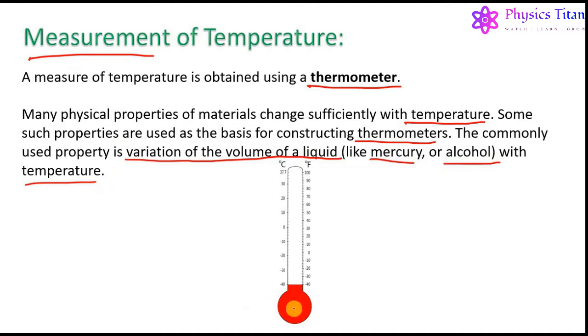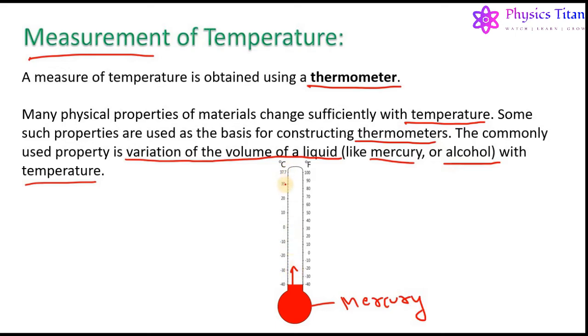This is a diagram of a typical thermometer. It is filled with mercury at its bottom. Now, as the temperature rises or lowers, the volume of this mercury also changes. With the increase in temperature, the volume of mercury also increases and it starts rising up in this tube of the thermometer.